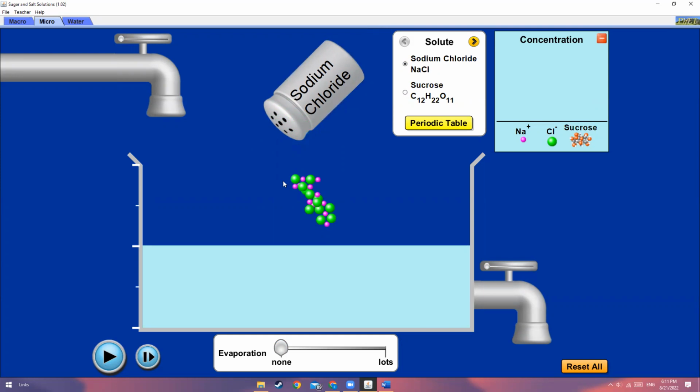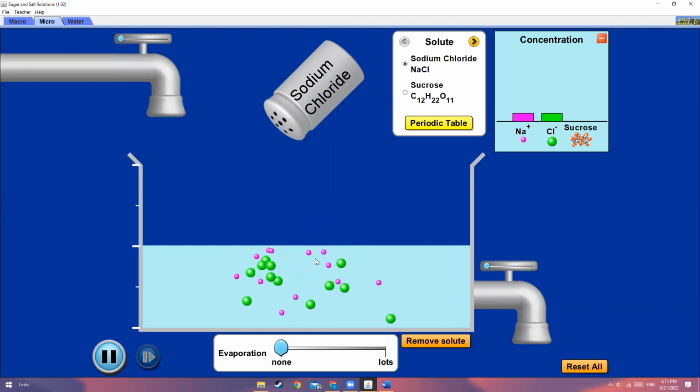If you picture a cube in your mind, a cube of sodium and chloride atoms bound together, you picture this sort of saline crystal structure. That's what we're looking at here. Before it hits the water, it still maintains that grid-like structure, but when it hits the water, you can see the water is now in between those sodium and chloride ions, and now they're breaking apart and spreading out.